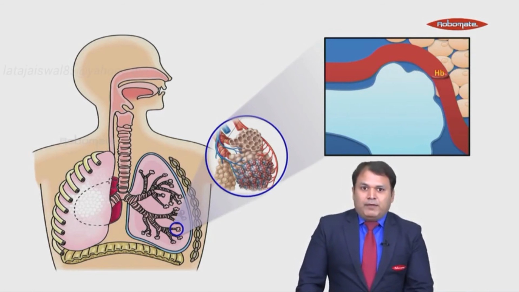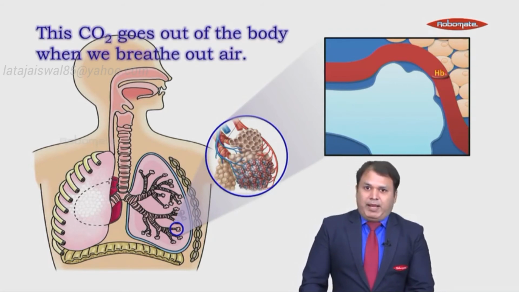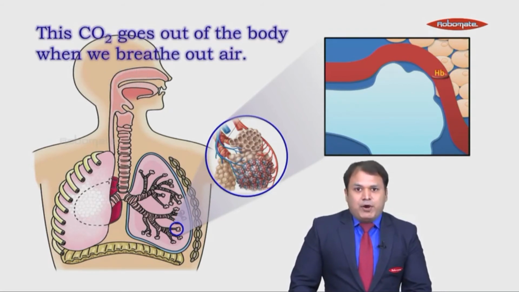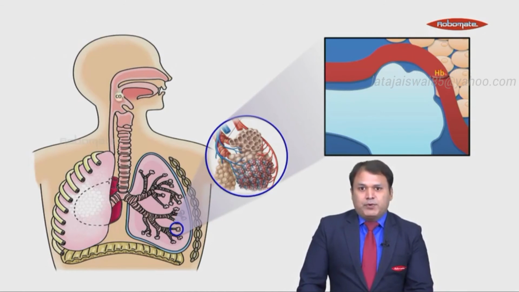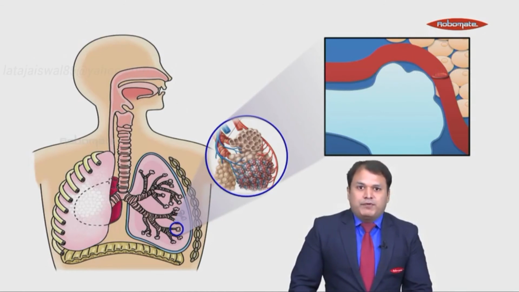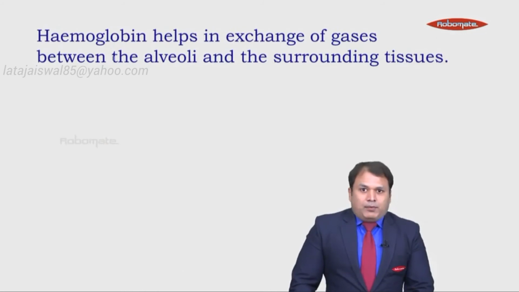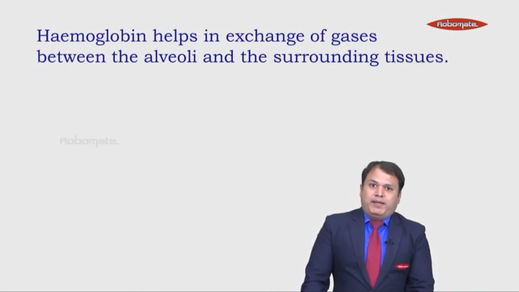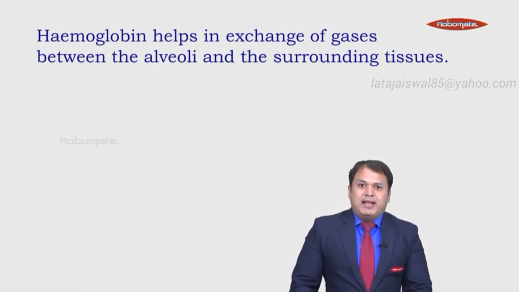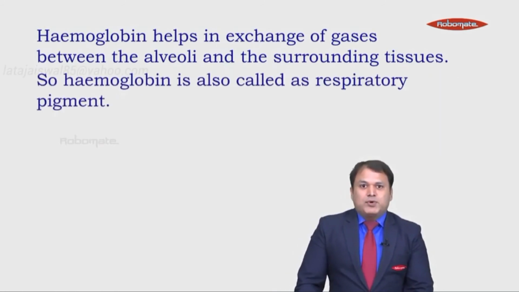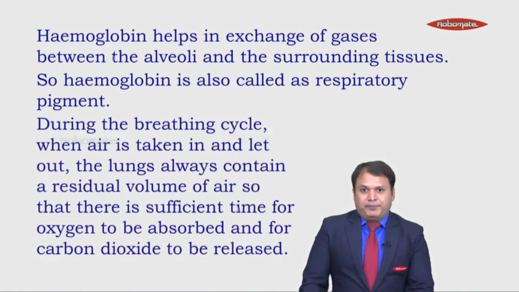And then this carbon dioxide goes out of the body when we breathe out air. So you can see carbon dioxide going out of the body. So it is the hemoglobin which helps in the exchange of gases between the alveoli and the surrounding tissues. So hemoglobin is also called the respiratory pigment.